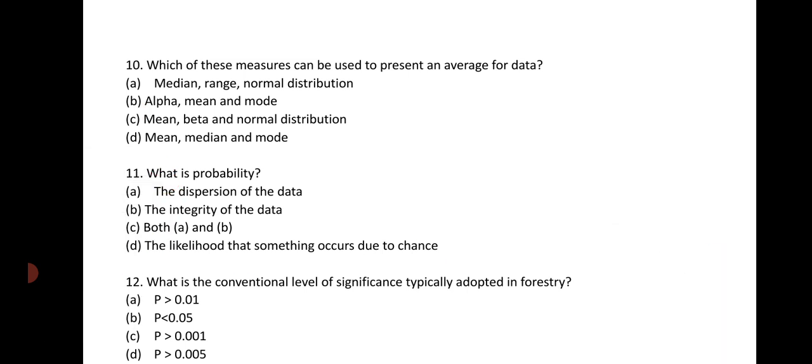Next question, which of these measures can be used to present an average for the data? They are asking about the average or central tendency. Among these options, the correct answer is the fourth option, mean, median and mode.